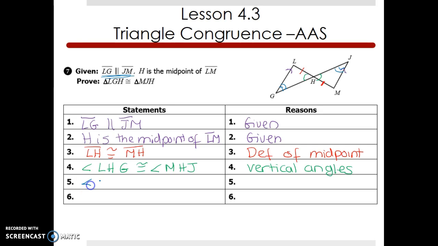So angle LGH is congruent to angle MJH. And from the picture, using the parallel relationship, those two angles are going to be congruent because of alternate interior angles.